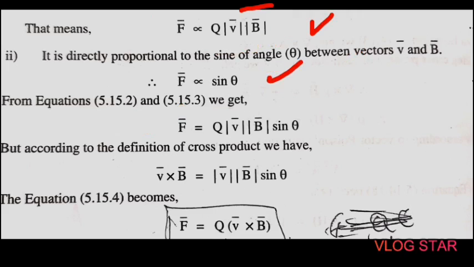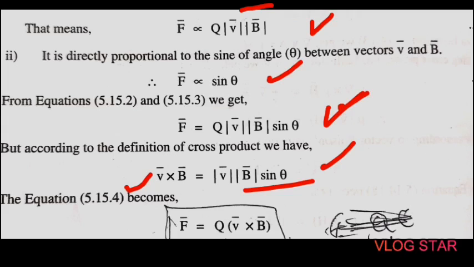According to the definition of cross product, we know that if we take a cross product of two vectors, that is V bar cross B bar, then it is given by mod V bar into mod B bar into sine theta. We use the basic equation of force, that is F bar is equal to Q into V B sine theta.